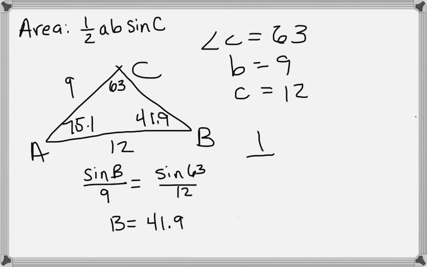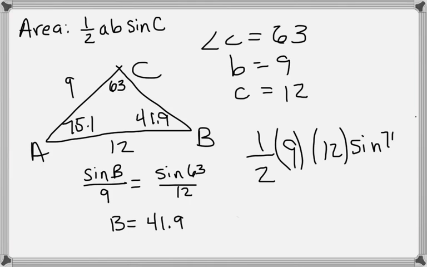So if we're asked to find the area of this triangle, this is how I would do it. It's 1/2 times 9 times 12 times the sine of what? Why are we required to use 75.1? Because it's the angle that's between the two side lengths that I've chosen to use.